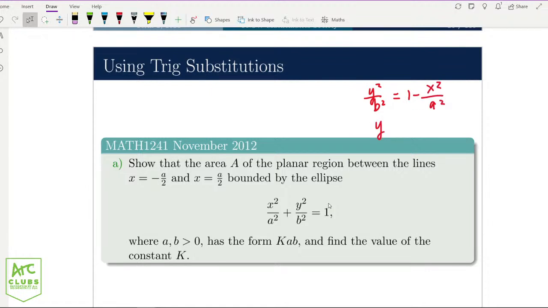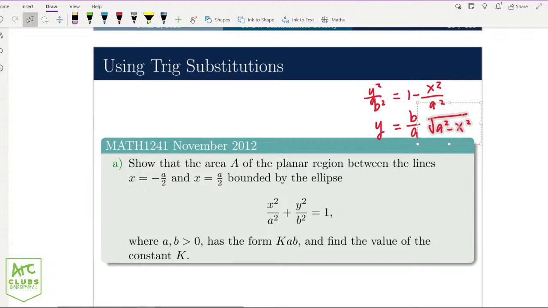And so y would be equal to b on a times the square root of a squared minus x squared.